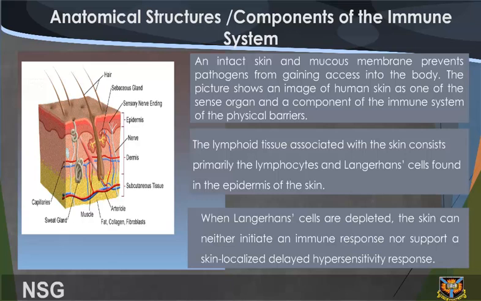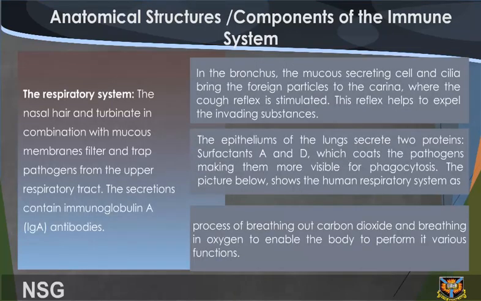The respiratory system. The nasal hair and turbinate, in combination with mucous membranes, filter and trap pathogens from the upper respiratory tract. The secretions contain immunoglobulin A, IgA antibodies.